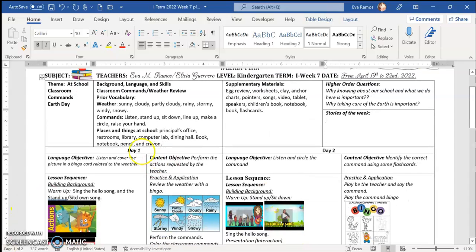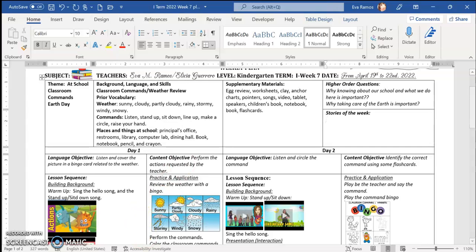So day 1 would be tomorrow for me, and I have language objective and content objective, right? If you just want to work with the outcome, like learning outcome, instead of using the SIOP way of writing objectives, you can do so.